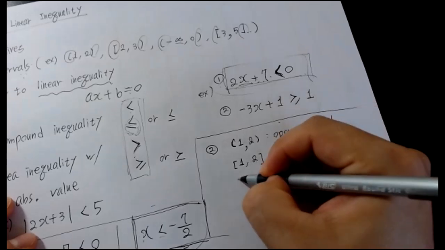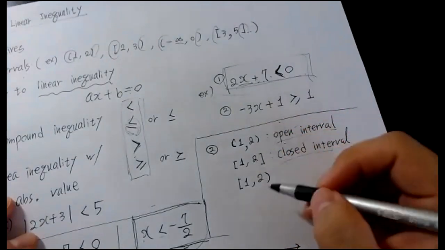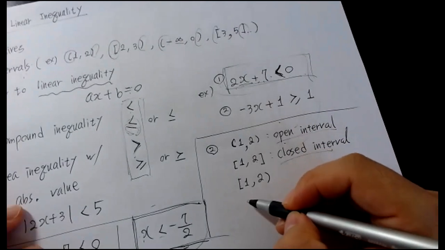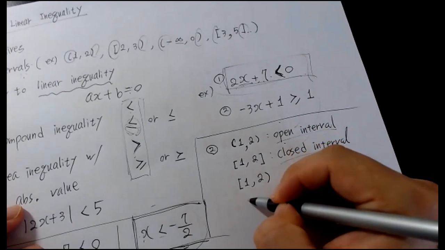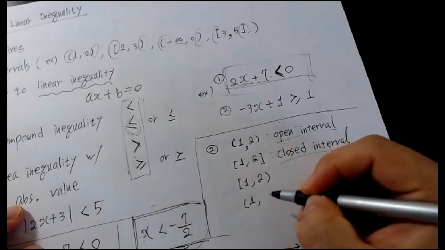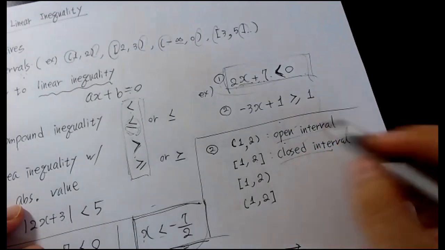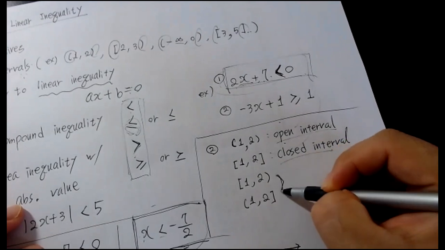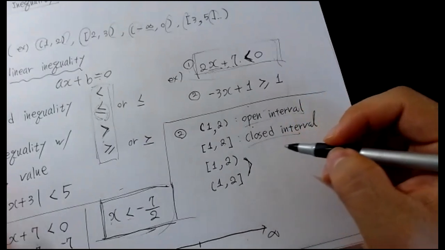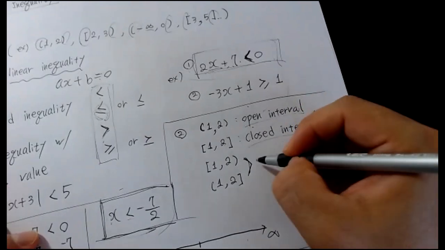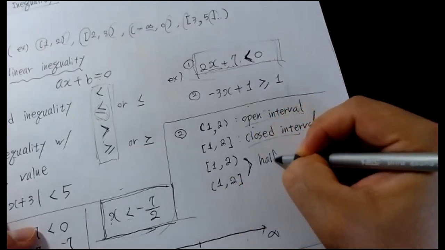Then we use this one: closed on the left, open on the right. Sometimes we may need to not include the left endpoint, so we use open, and then include the right endpoint. These two types of interval are called half-open or half-closed intervals, but I prefer to call them half-open intervals.